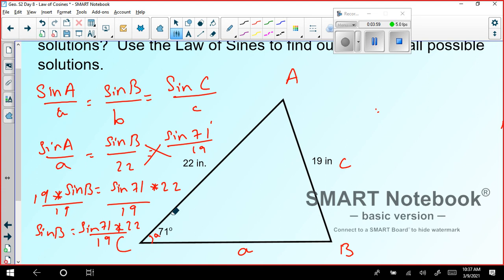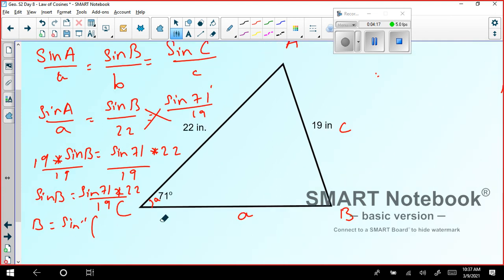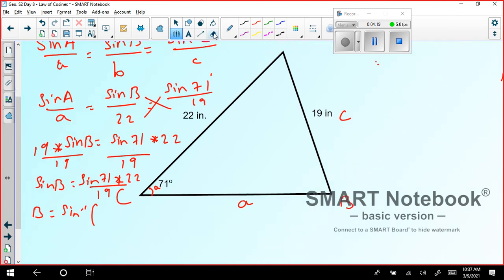You have to put it in the last step. Don't simplify at all. I am purposely doing this step because if I were you on the test, I would just do B equals sine inverse and put this in the calculator directly, to avoid any rounding errors.